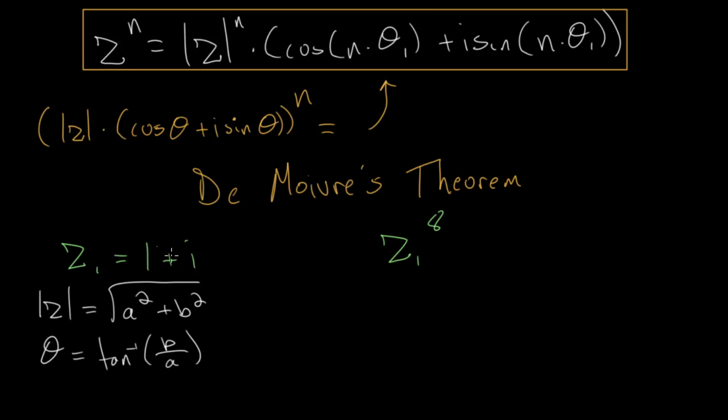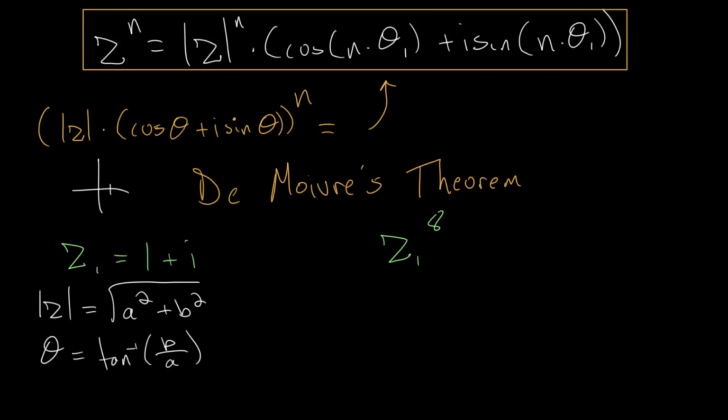And of course, if we want, we can plot this on the complex plane. It would be right here, draw a line, and then we can draw a right triangle if we want to figure out this angle theta and its magnitude using the Pythagorean theorem. But these formulas essentially do all of that for us.